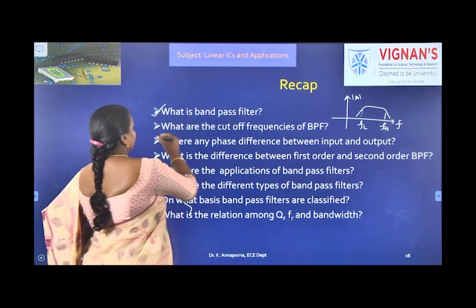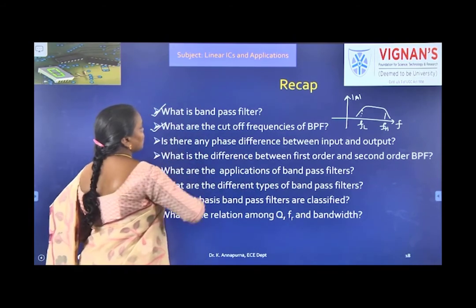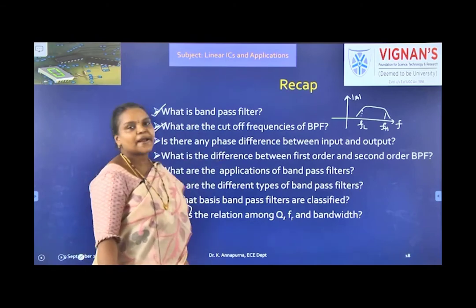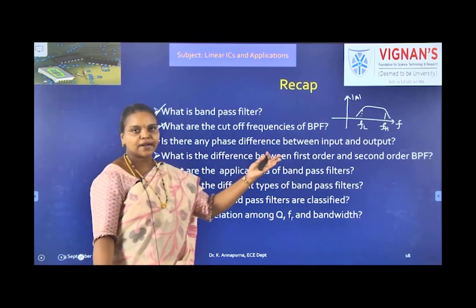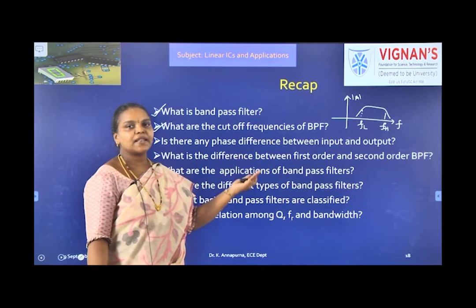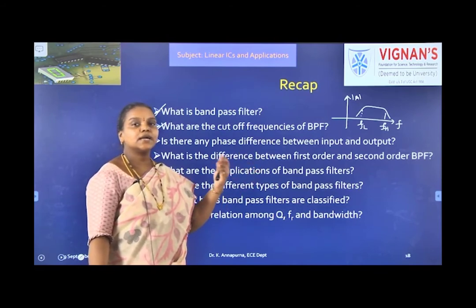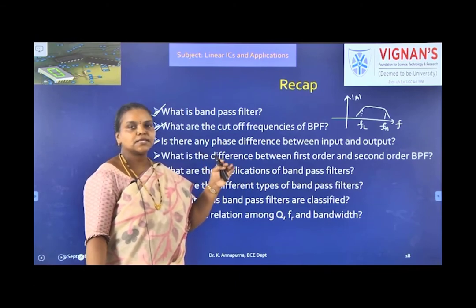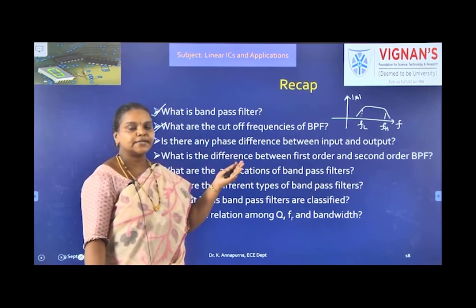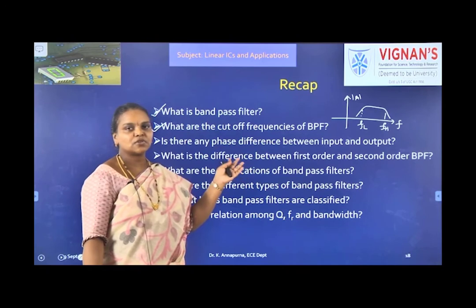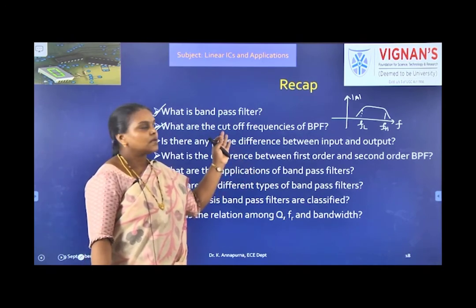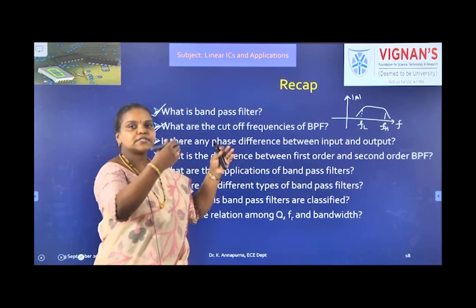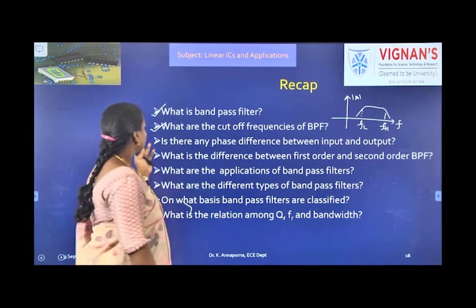And next one, what are the cutoff frequencies of band pass filter? They are lower cutoff and upper cutoff, represented as FL and FH. And at the cutoff frequencies, the gain will be 1 by root 2 times the maximum gain. If you plot the response on semi-log sheet, the gain will be 3 decibels down from the maximum.